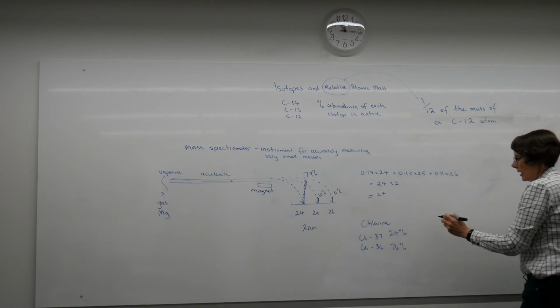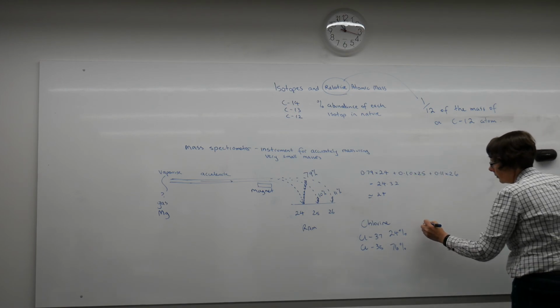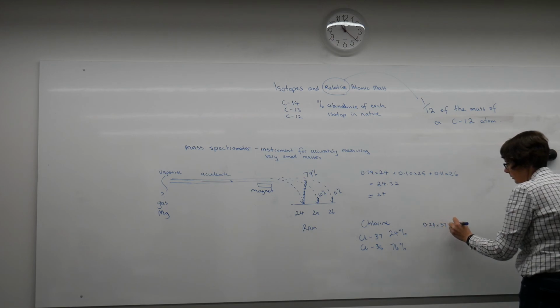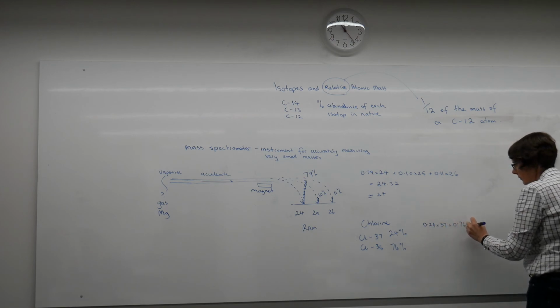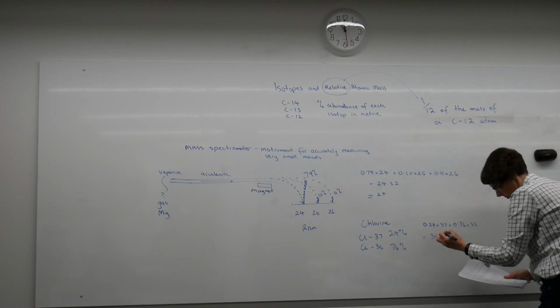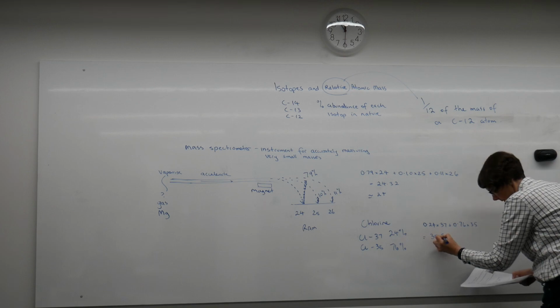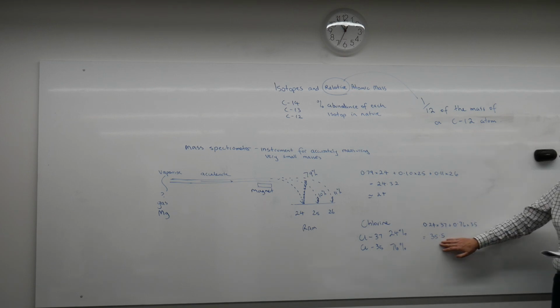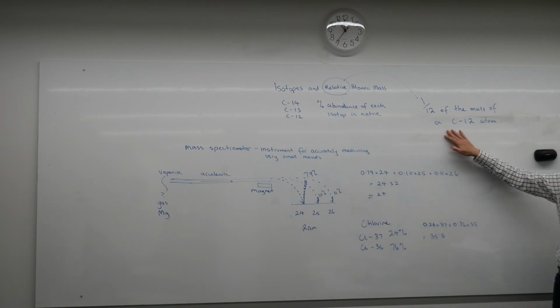And it's the same calculation then of 0.24 times 37 plus 0.76 times 35 gives me, we'll end up with 35.5. And that is its mass relative to 1/12 of the mass of the carbon-12 atom.